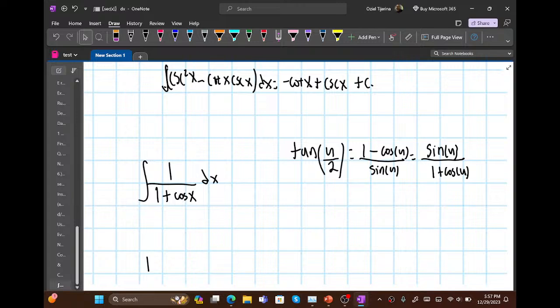And you said to use which one? The half angle for cosine? Okay.